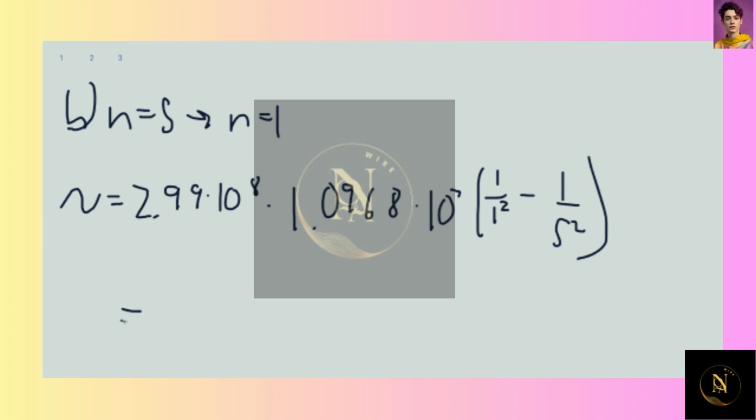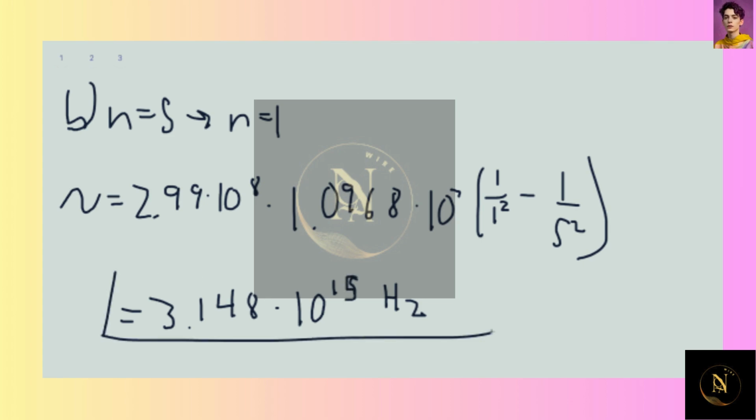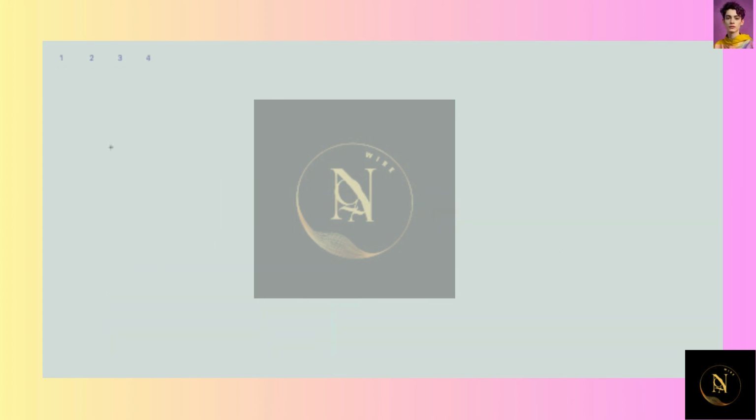And when we solve for this, we get our final answer to be 3.148 times 10 to the 15th hertz. And that is the final answer for letter B.